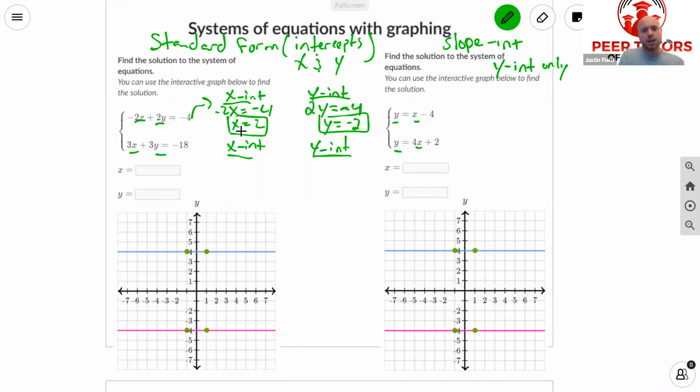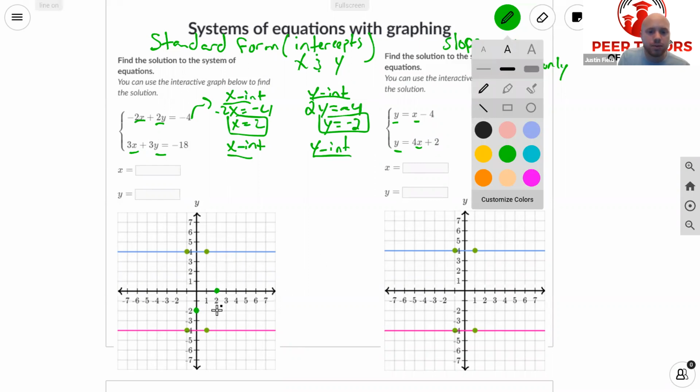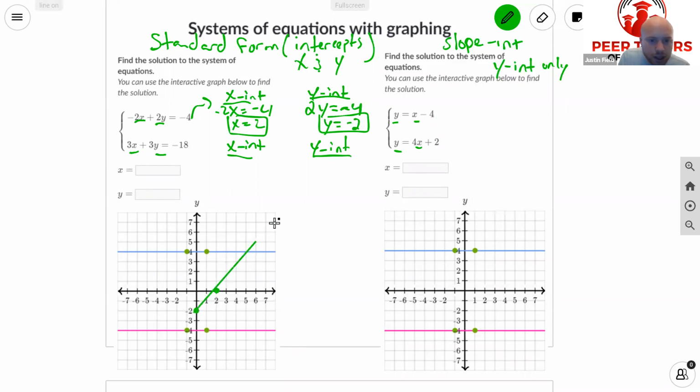So I'm going to put the x-axis at 2 and the y-axis at negative 2. And then I'm going to draw a line through those guys. And now when you're graphing, if you were to do this on paper, you'd want to not just freehand it. You would want to use a ruler at the edge of a notebook or something.